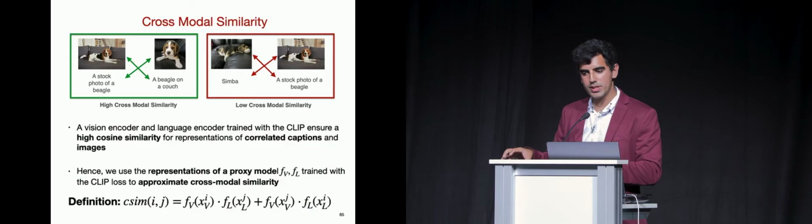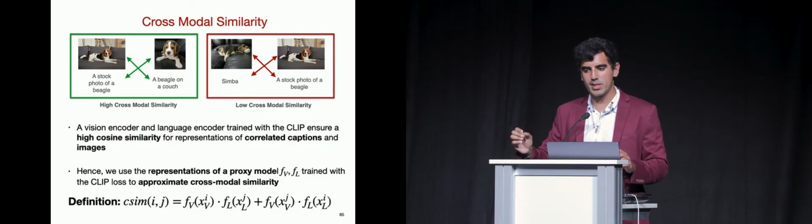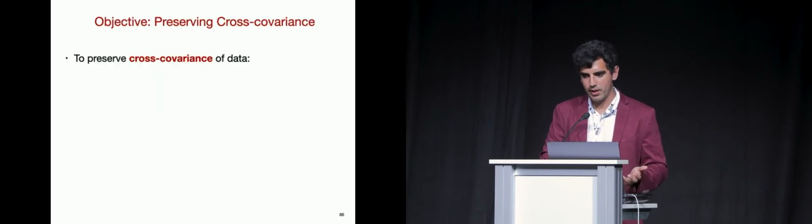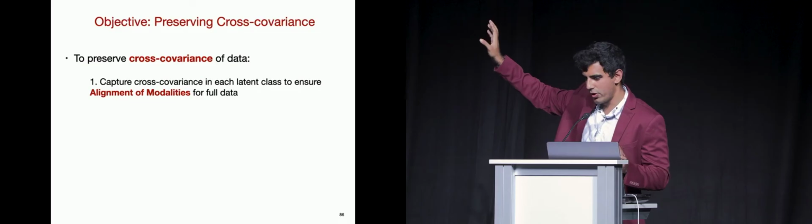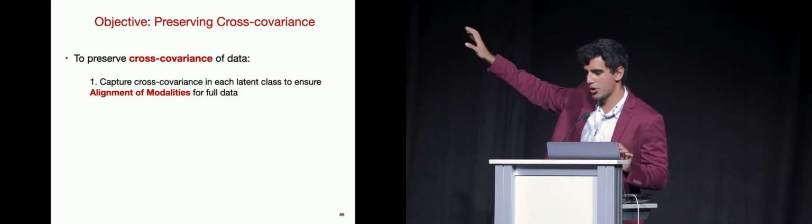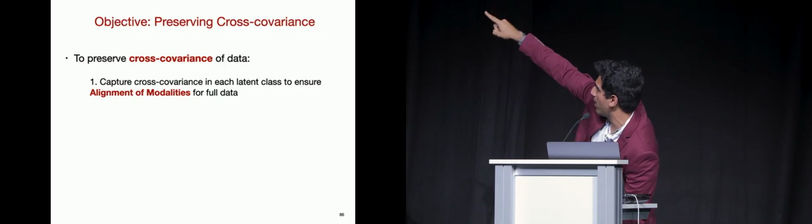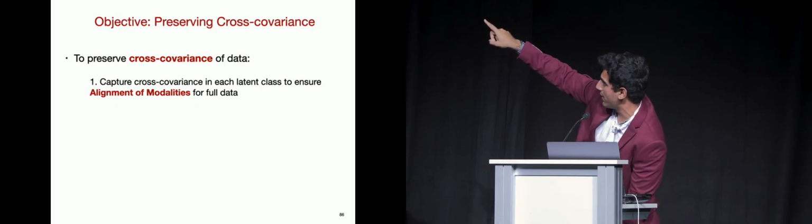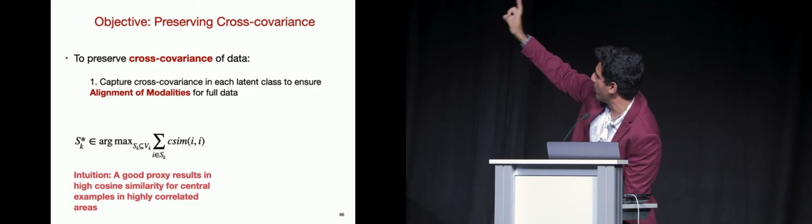So we can then use the representations of some proxy model, f_VL, to approximate this cross-modal similarity. And then we define our approximate notion of cross-modal similarity, and we're just going to refer to this as cross-modal similarity. It's essentially the sum of cosine similarities between the representation of caption 1 and image 2, and image 1 and caption 2.